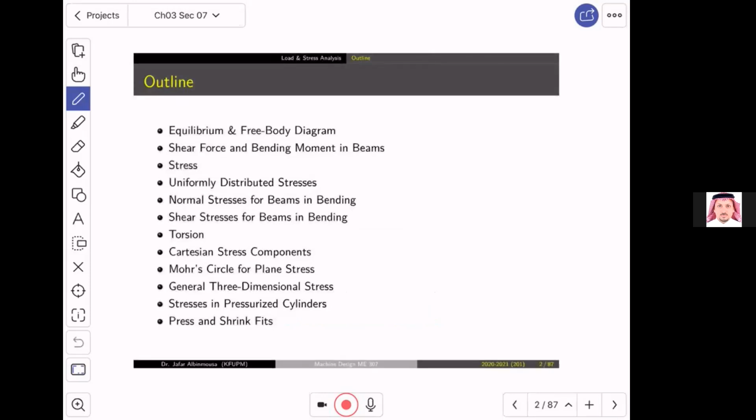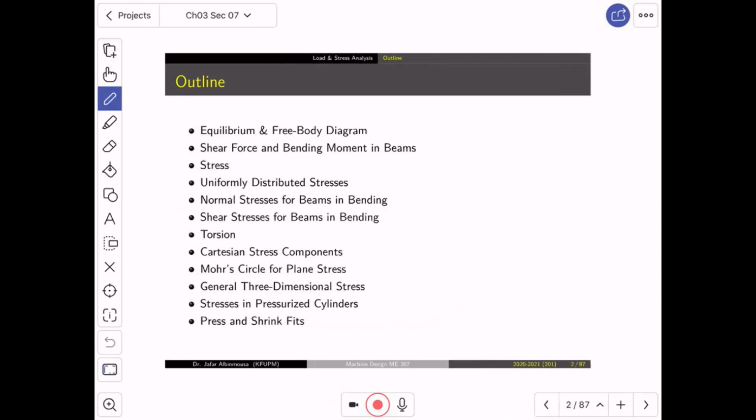This is a quick outline of chapter number 3. Chapter 3 is one of the largest chapters that we are going to have in the course. There are other chapters which are lengthy, and there are ones which are a little bit short, but this one is moderate. We are going to remind you about equilibrium and free-body diagrams. Then we'll talk about shear force and bending moment diagrams.